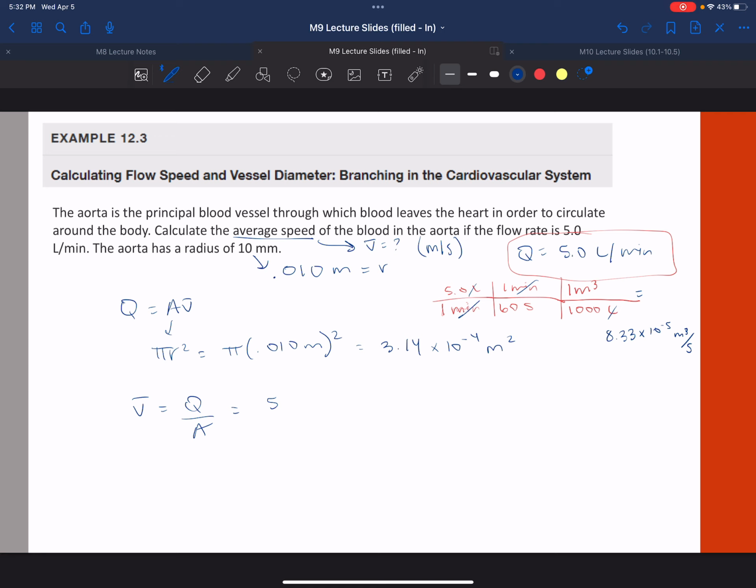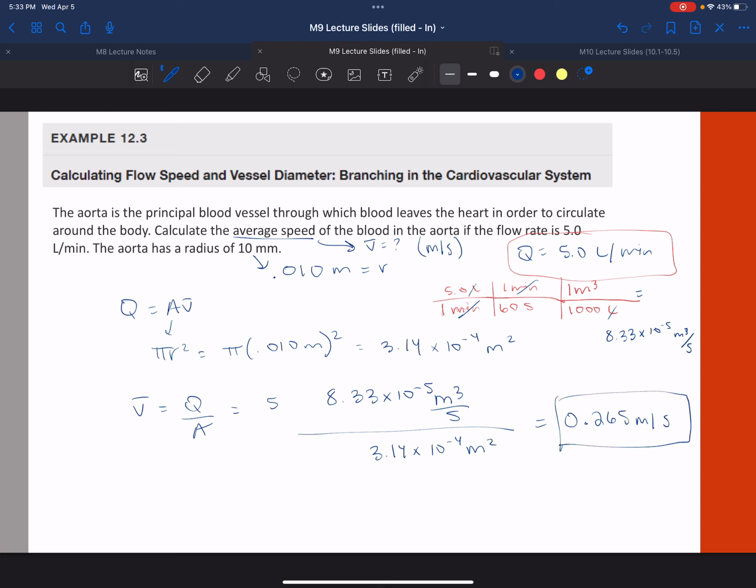Okay, well, this should work out. So we have 8.33 times 10 to the negative fifth meters cubed per second over 3.14 times 10 to the negative fourth meters squared. And this does, in fact, give us 0.265 meters per second.